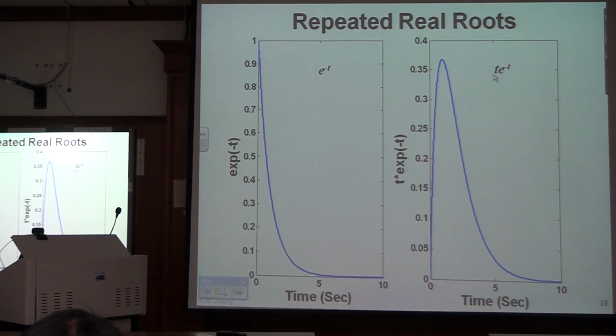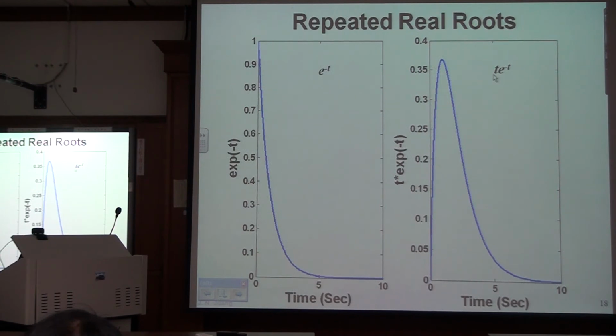It's going to grow when t is small. When t becomes very large, it's going to come down, because even though t is growing, e minus t is decaying. The speed of decaying is faster than the speed of growing. So that's how the curve comes out.